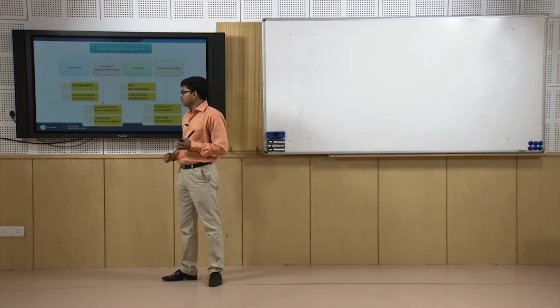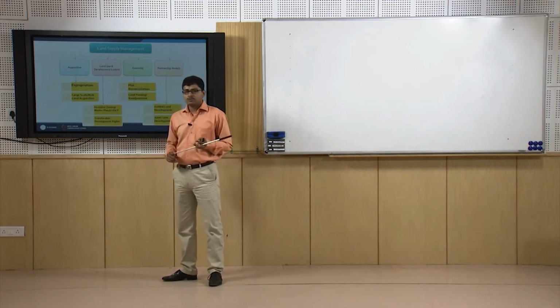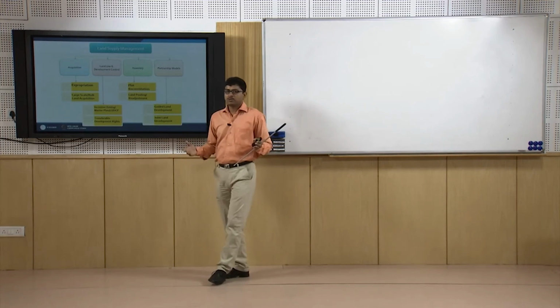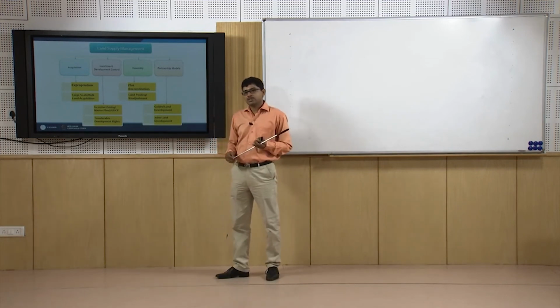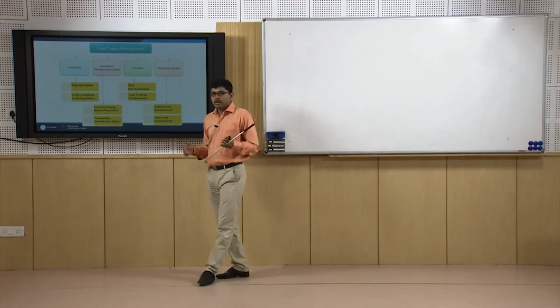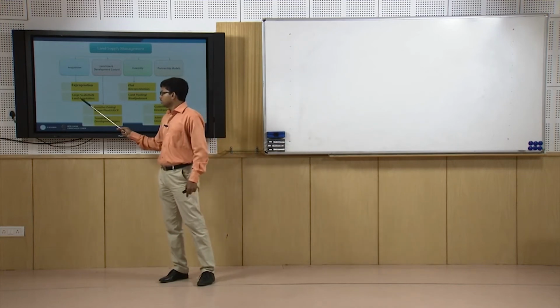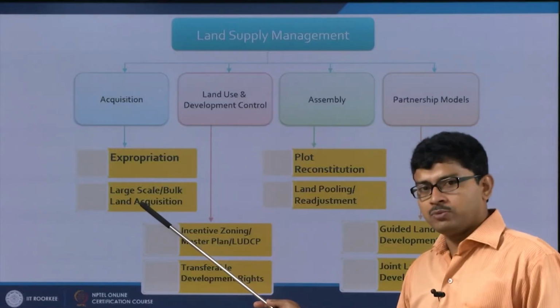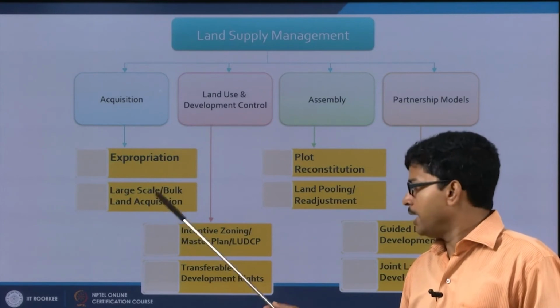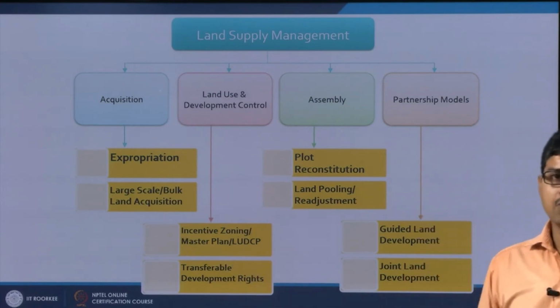For example, when government wants to develop a new township or an industry or a big infrastructure like a water treatment plant or solid waste management system, they take the large scale land from the people and provide adequate compensation.